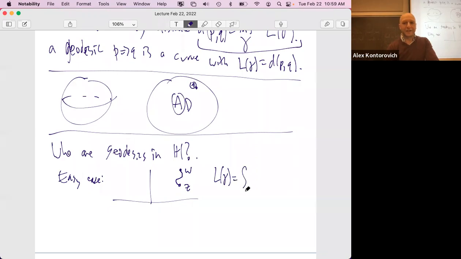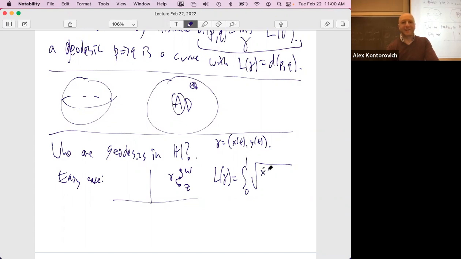The length of that curve is again the integral from 0 to 1 of the square root of, if I write my curve gamma as x of t comma y of t, then locally at any point t, what's the metric?